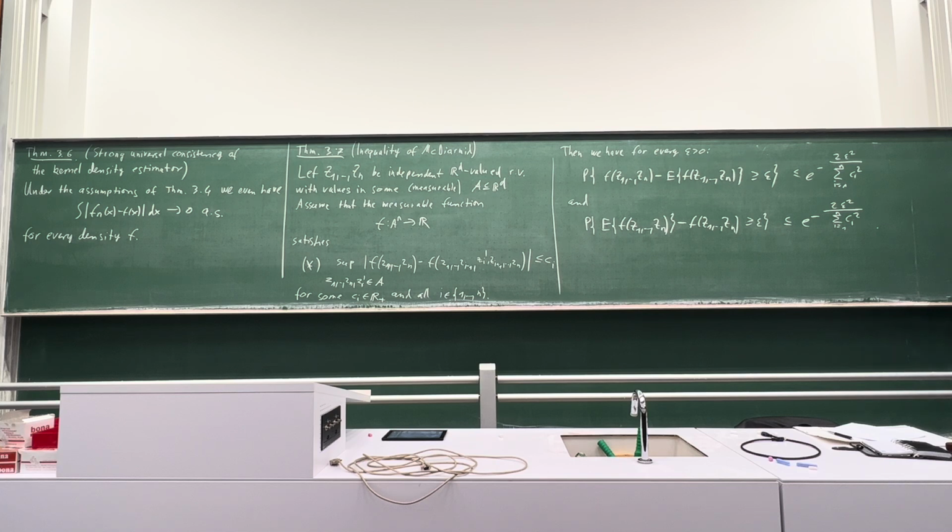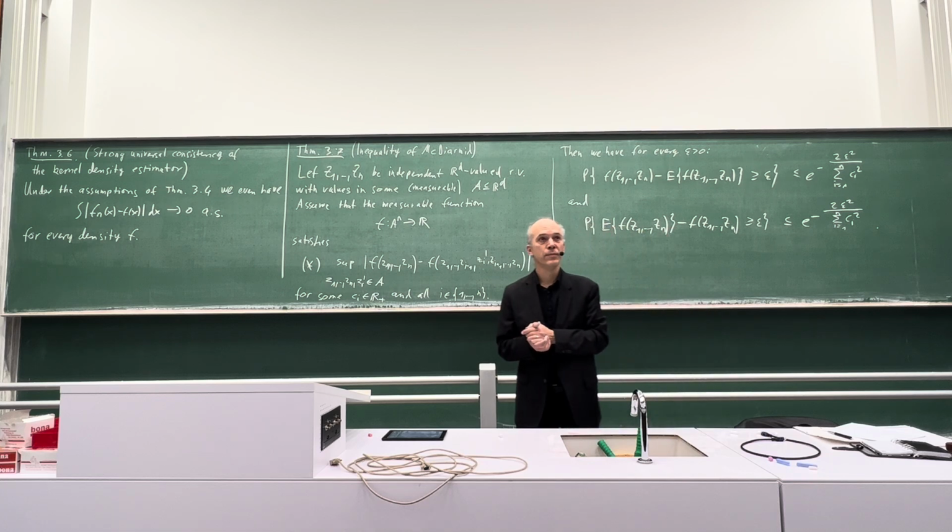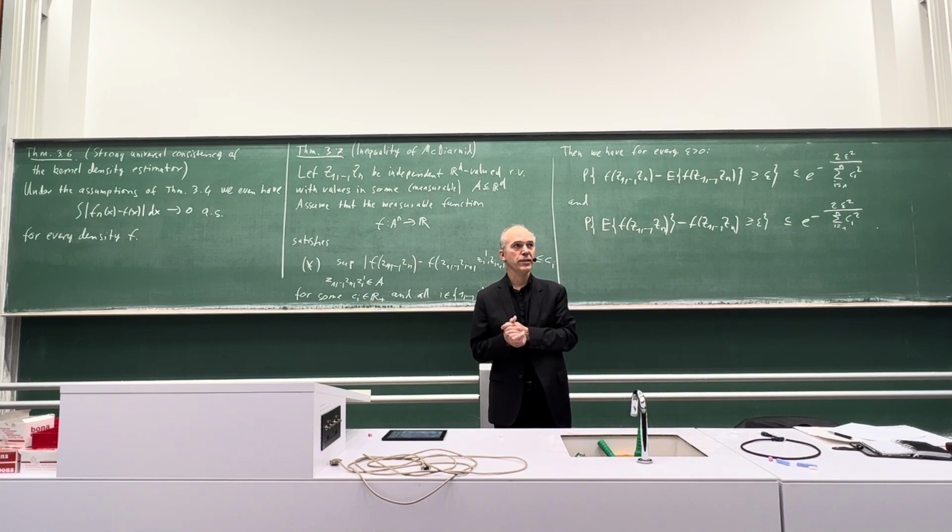Do you know some similar inequality already? Remember from probability theory? Does this remind you of anything? Have you ever seen an inequality where the random variable minus its expectation, greater or equal epsilon, is less than some exponential term?